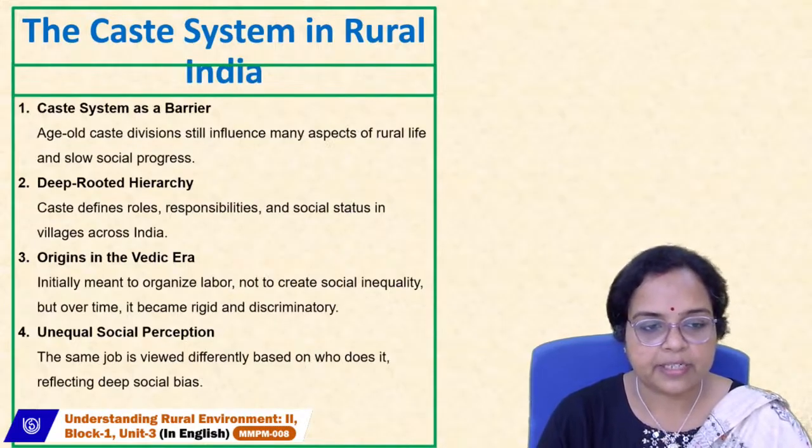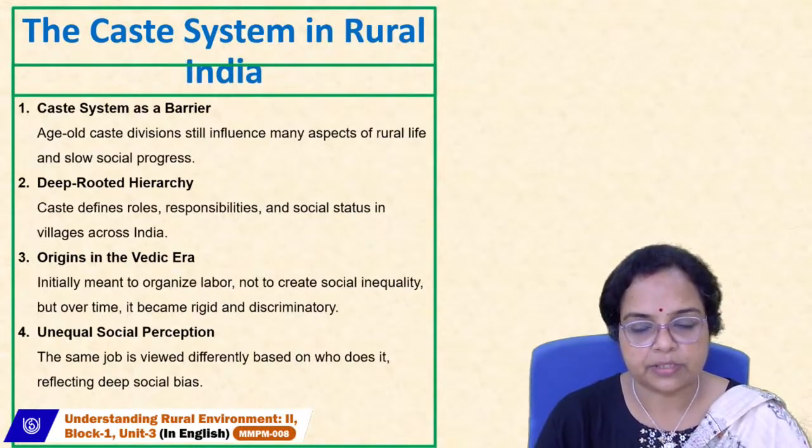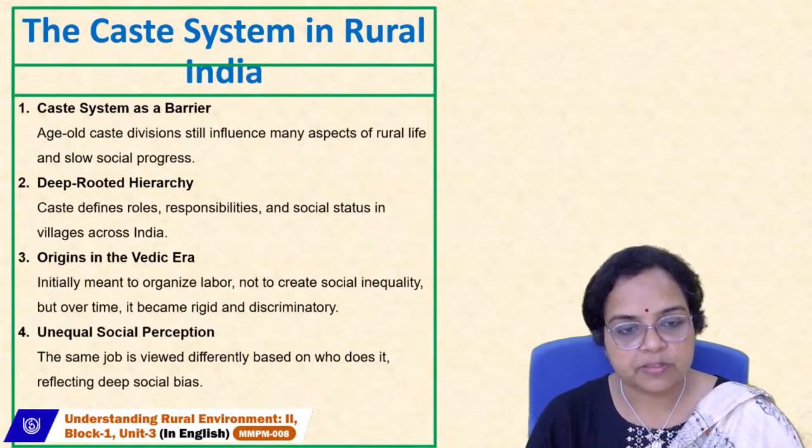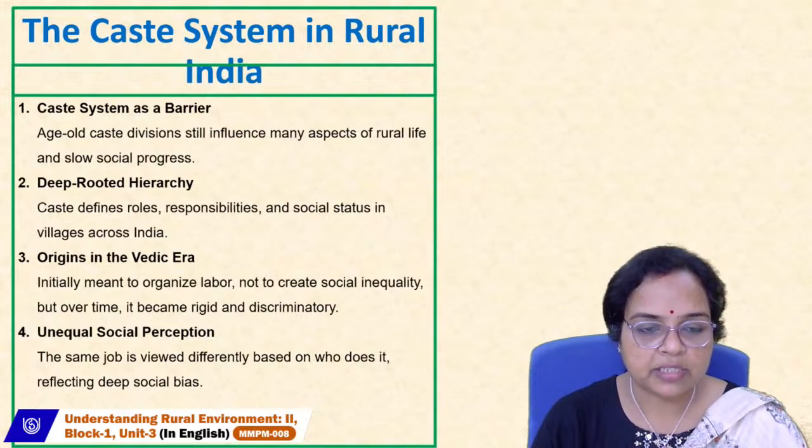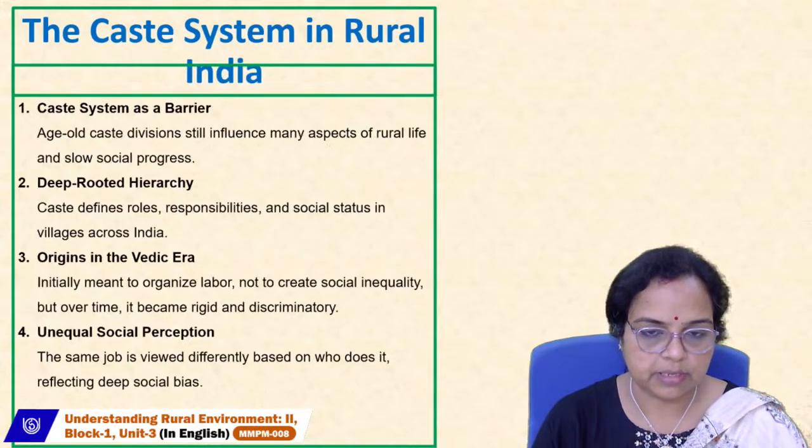Origin in the Vedic era, initially meant to organize labor, not to create social inequalities due to caste system, but over time it became rigid and discriminatory. Originally, the caste system was developed only to organize the labor. But slowly it created social inequalities among people, among laborers.